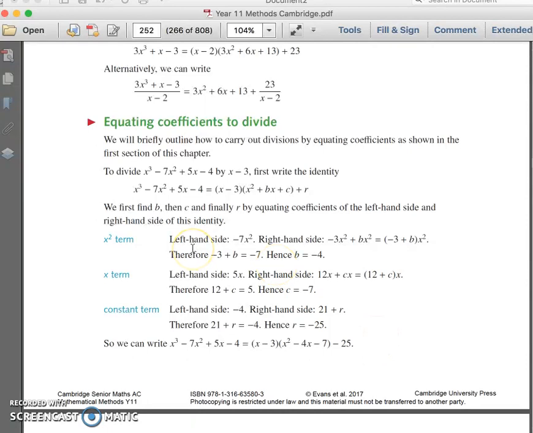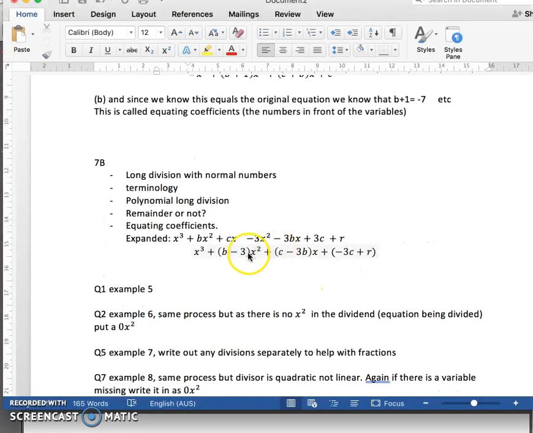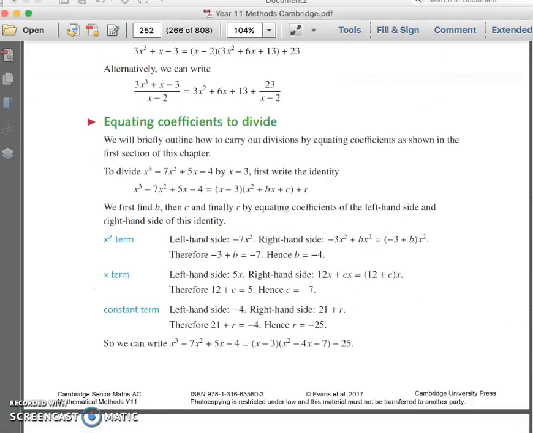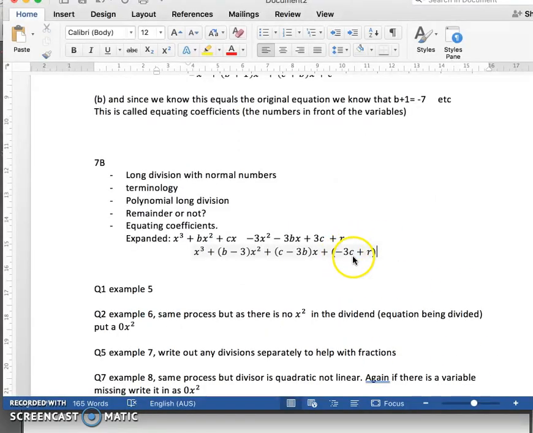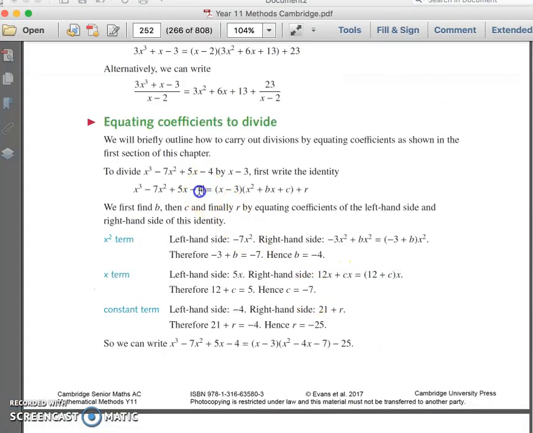Okay, so now we can work out what the b and c equal. For the x squareds, on this side it was a negative 7, and on our new side we've got b take 3. So we make those equal, and b equals negative 4. Hurrah! Okay, so you repeat that. When you end up with the constants at the end, we get negative 3c plus r equals negative 4.